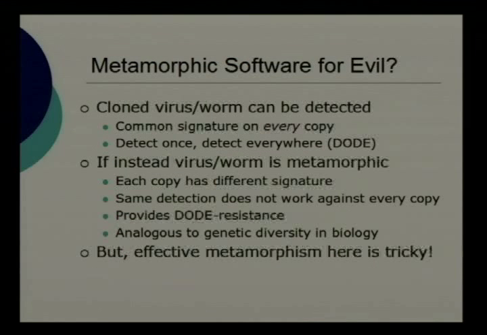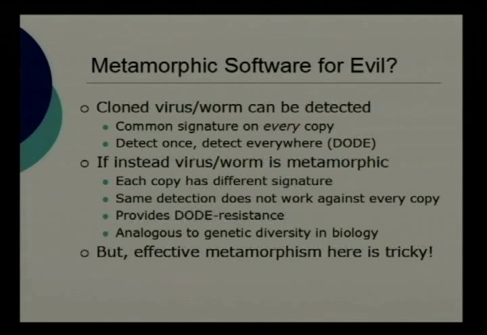On the other hand, if you want to use this kind of metamorphism to make viruses and worms that are hard to detect, the point here is that you're trying to avoid having a common signature that can be discovered, okay? And if you have enough metamorphism in your virus or worm, presumably you could avoid this kind of detection. And in fact, some people talk about undetectable viruses that are metamorphic.